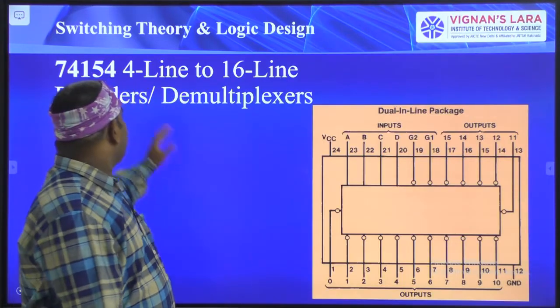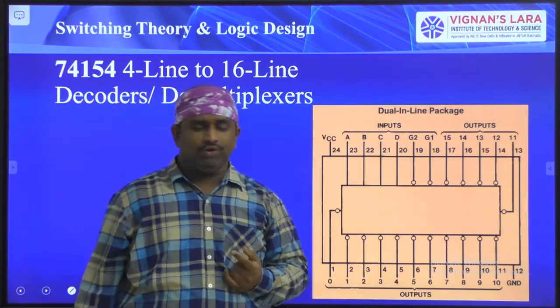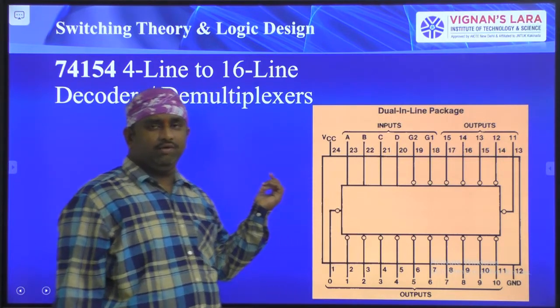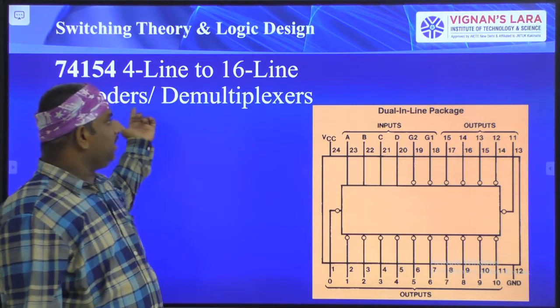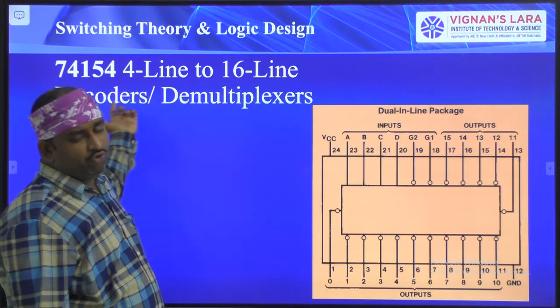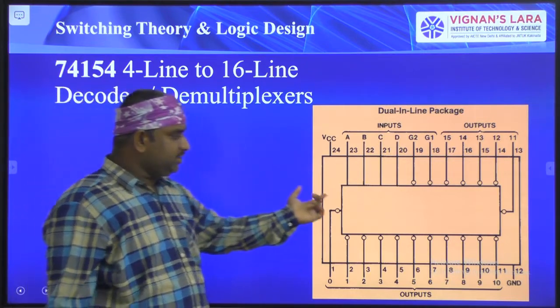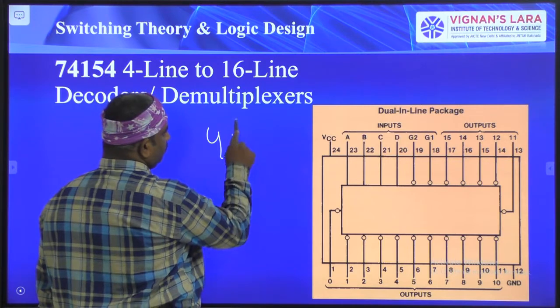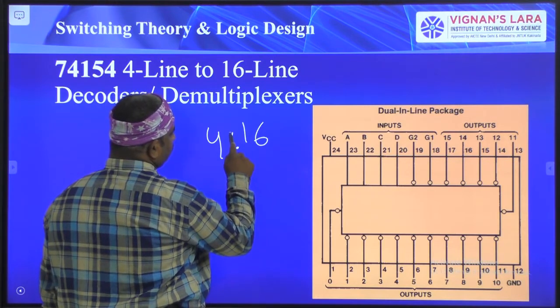And the last one is IC 74154. This is one more IC in our subject. This IC gives a 4 line to 16 line decoder. It is a 4 to 16 decoder.